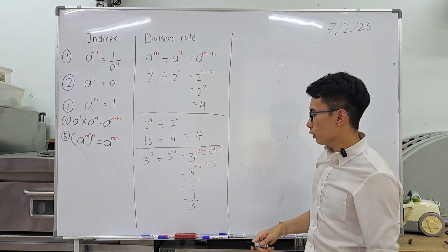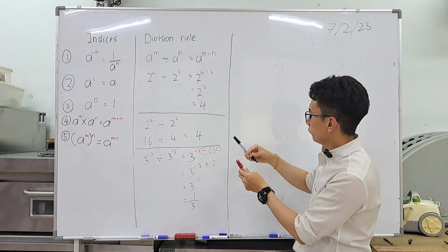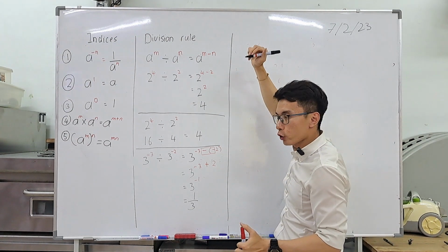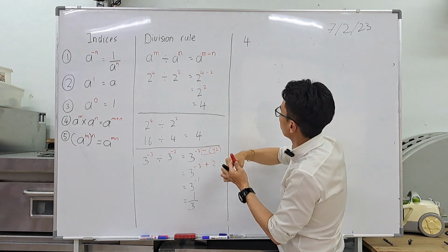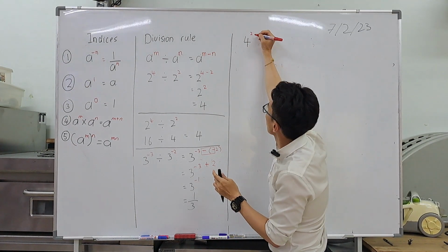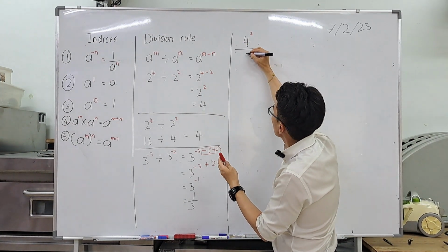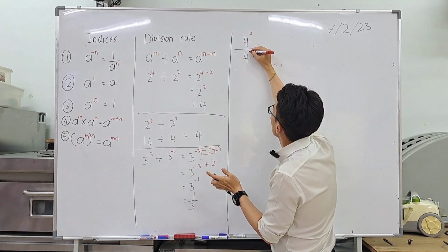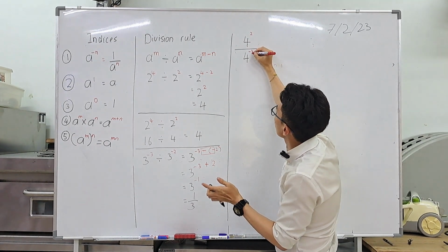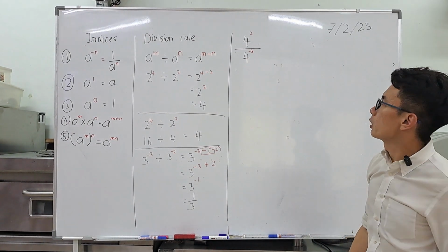Now, a very similar question, I can also do another example over here. Let's just say I write my question like this. Let's say I have 4 to the power of 2, and I divide this by 4 to the power of negative 3.